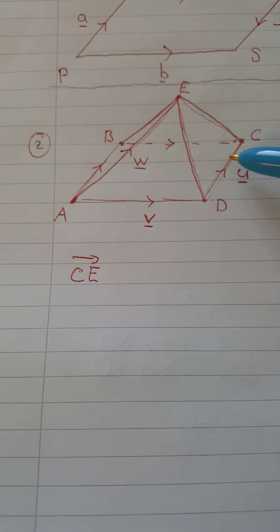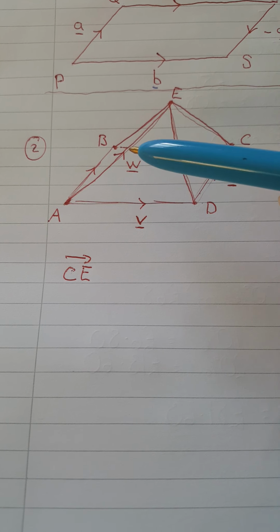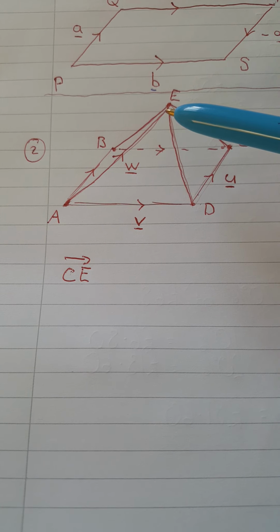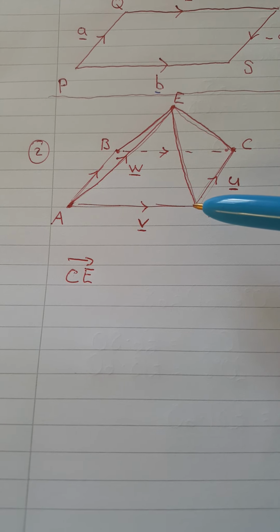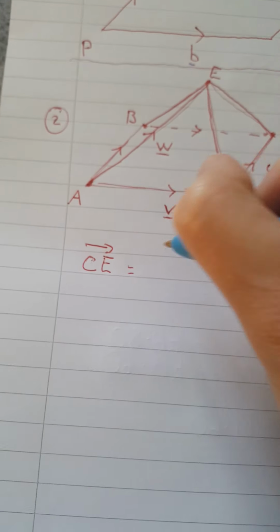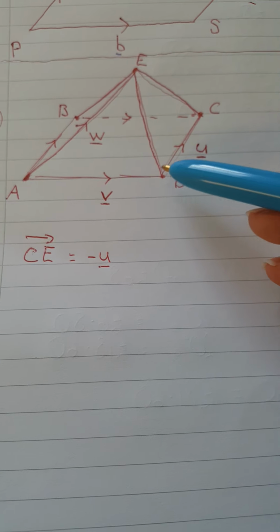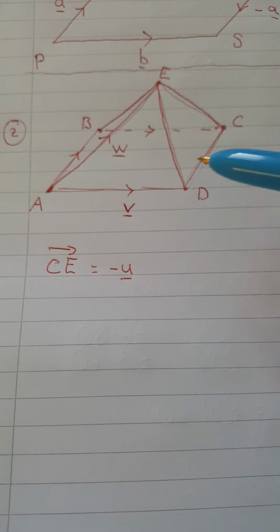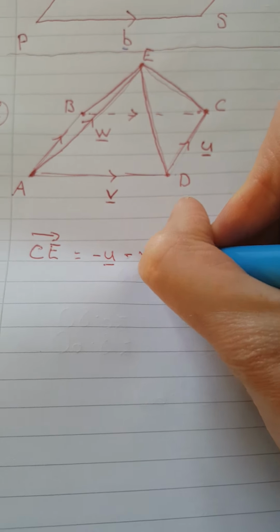So what I'm going to do is go down here, go back along there, and then up there. Do you see that? I'm going to go minus u because I'm going in the opposite direction. And again, I'm going in the opposite direction, so it would be minus v.